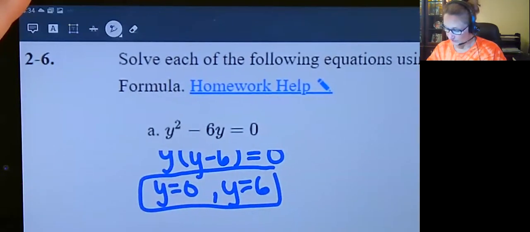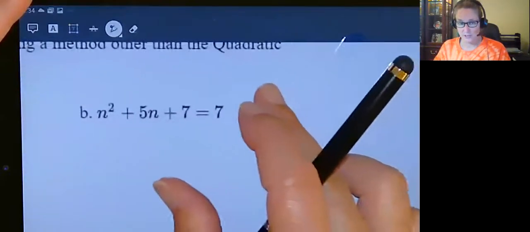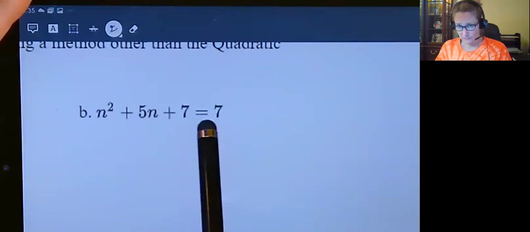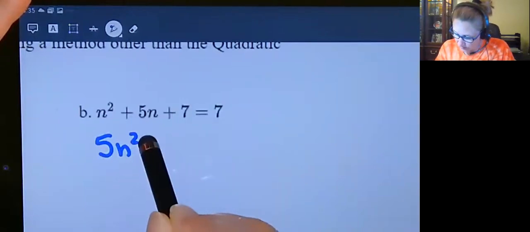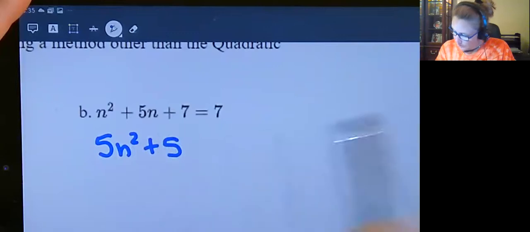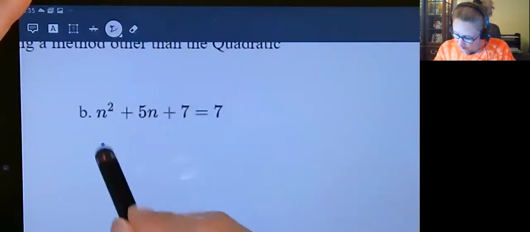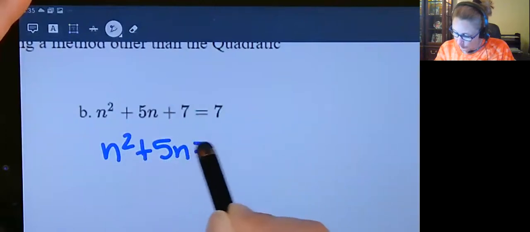On letter B, it looks like it does have a constant here, but when I subtract 7 from both sides, I'm going to end up getting n squared plus 5n equals 0.